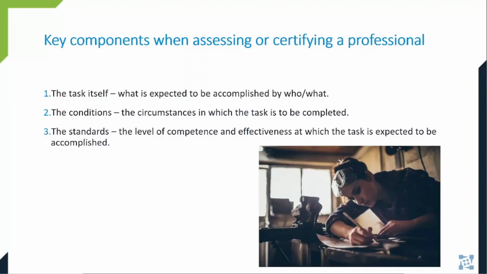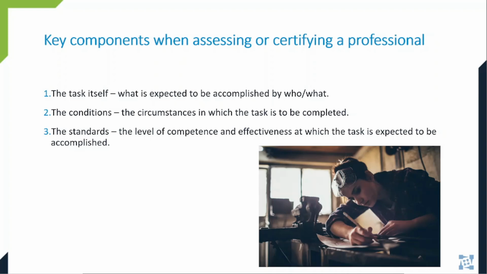So if we look at what we're actually doing when we're assessing or certifying a professional, I think there's something that we can learn from that. Now, the most important things when we're looking to assess or certify something is what task is it supposed to accomplish? The next thing is the conditions under which it's supposed to accomplish a task.